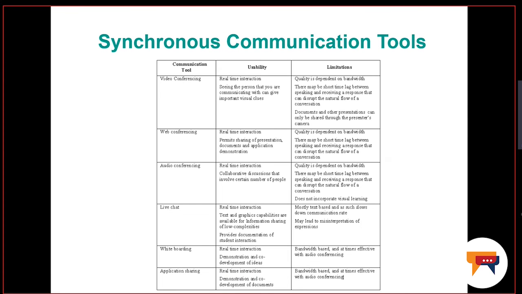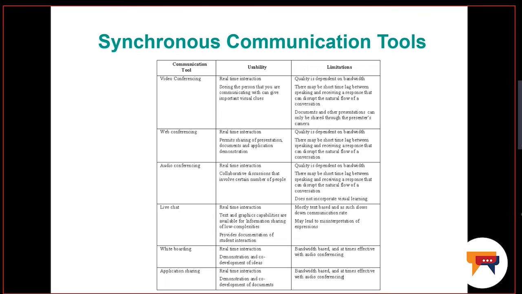All right, I want us to go through this table together, and I'll discuss the communication tools, some of which we already discussed, and also their usability and limitations. Remember, these all fall under synchronous communication tools. I will start with the communication tool which is video conferencing.